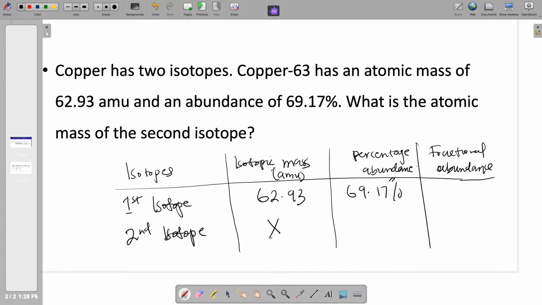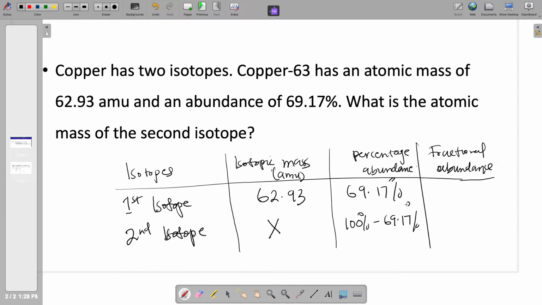However, we do know the percentage abundance values always add up to 100%. So since we know the percentage abundance value of the first isotope, and there are only two isotopes here, we would subtract the 69.17% from 100. So to get the percentage abundance value of the second isotope, we'll do 100% minus 69.17%.